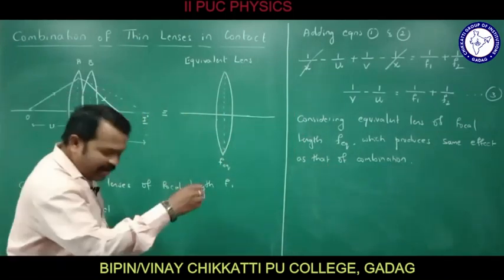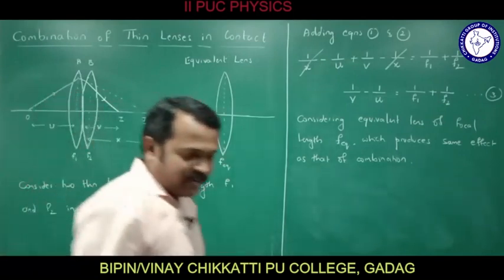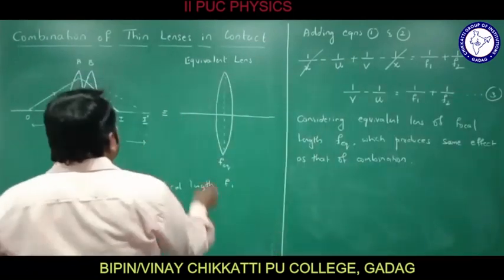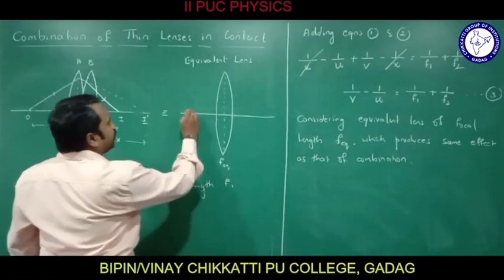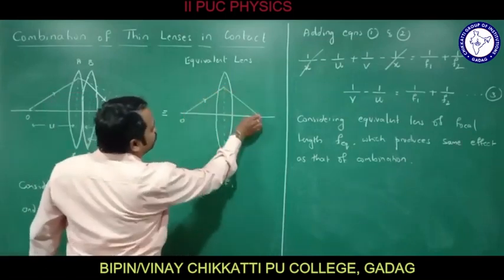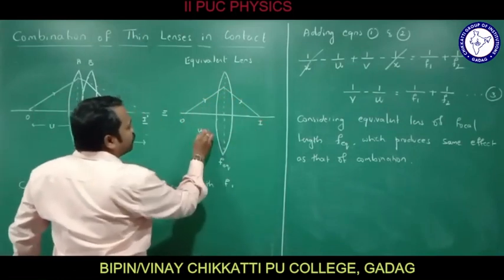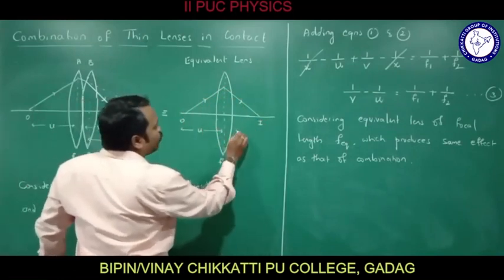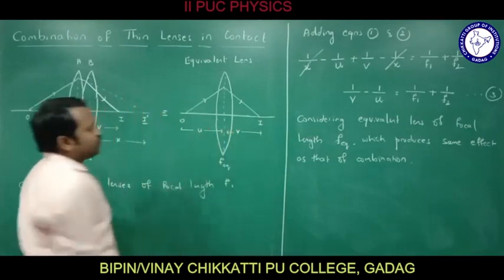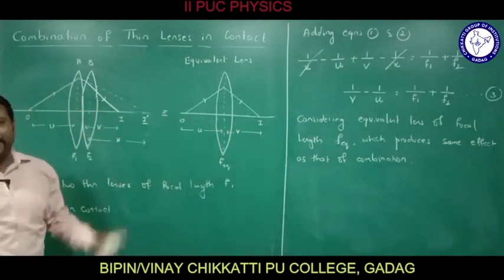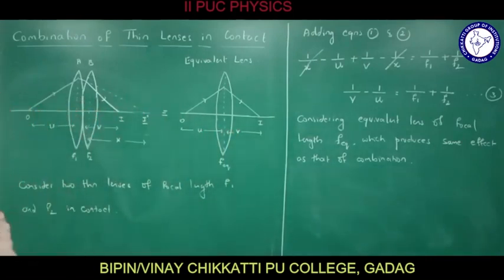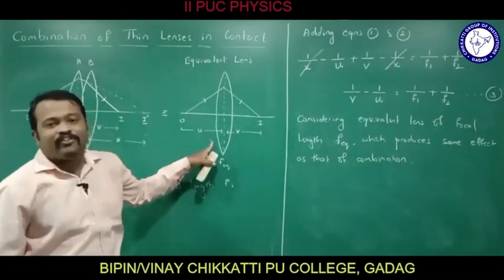Now, let me take the equations now here. If I am considering here, it is an object. It falls here. What is the image here? It produces the same effect. What is the image now here? Here. What is this? This is the object distance. And what is this? This is the image distance. So this is the effect of the combination. Now, let me use the thin lens formula for this equivalent lens.